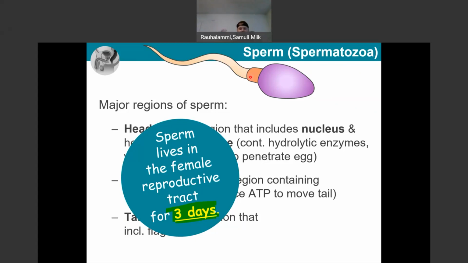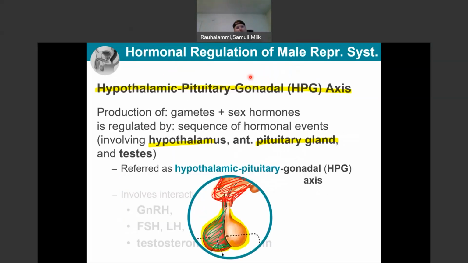So there needs to be a little bit of delay on that. So for the sperm to do its journey and find the egg cell and be able to do fertilization, 3 days is about the timeline that we give for that, surviving within the female reproductive tract.